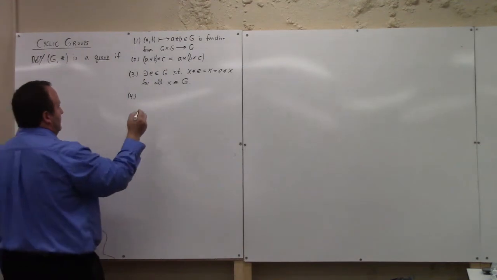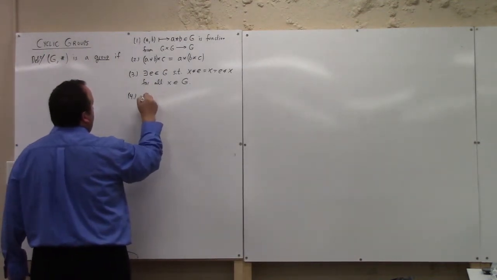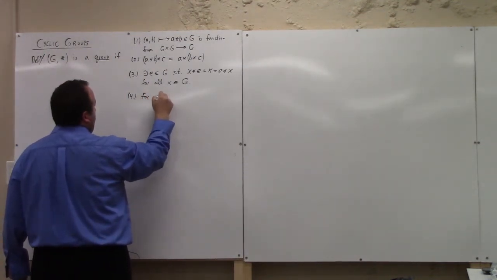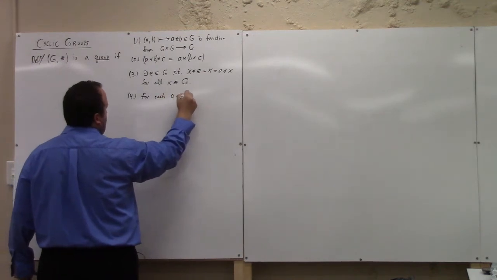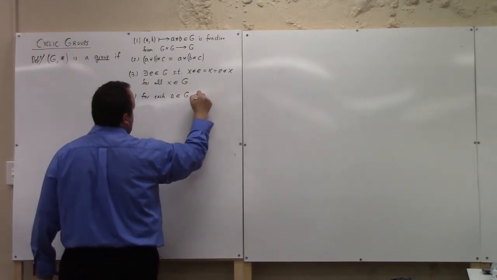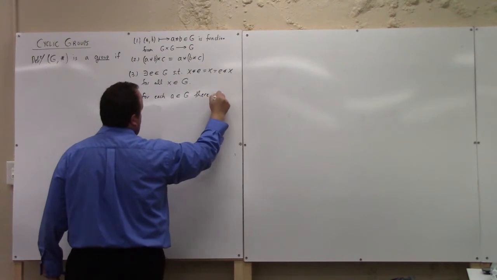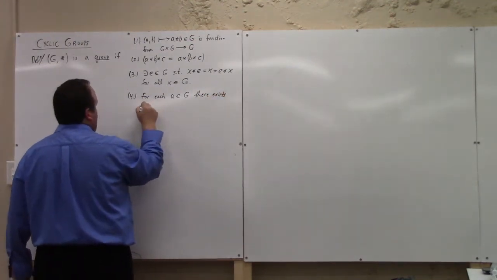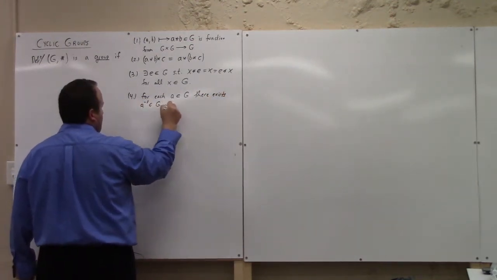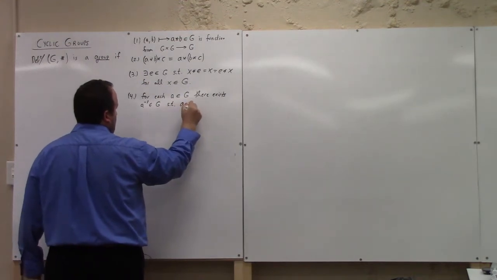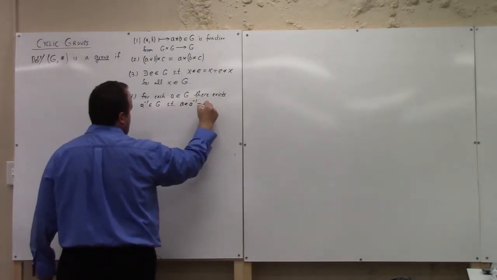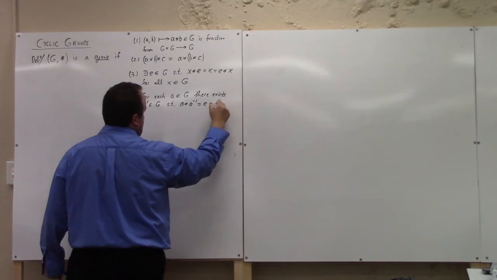For each A in G, there exists A inverse in G such that A star A inverse is equal to E, which is of course equal to A inverse star A.